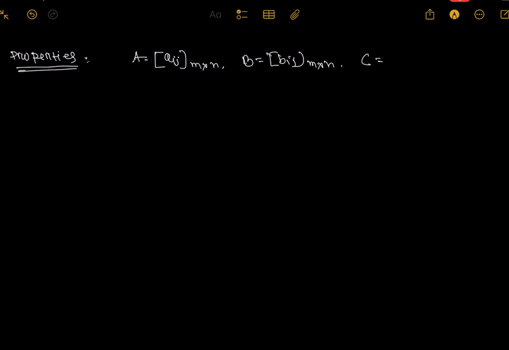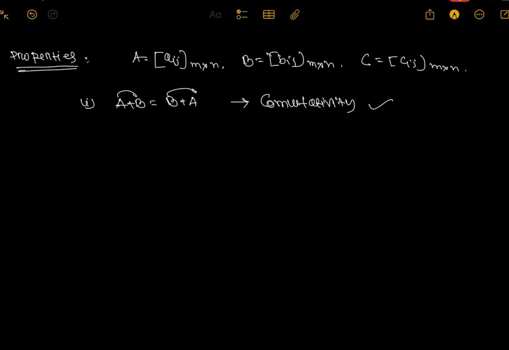Also let C be a matrix, c of ij, m cross n. Then what are the properties? Property number 1: A plus B equals B plus A. This property is known as commutativity. They commute with each other: A plus B, B plus A. So this property is commutativity.